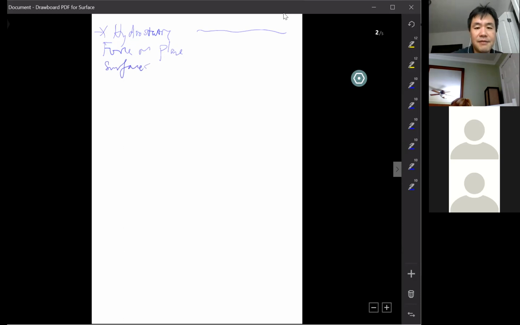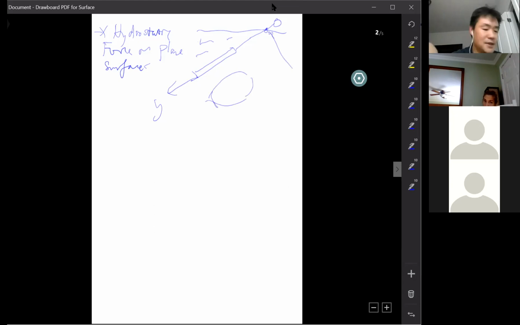Okay, so you have an inclined surface down here. If you have the coordinate system, this is the O, let's say this is the Y direction. This is the surface, under a fluid, water, let's say. Let's have a plane, a front view.